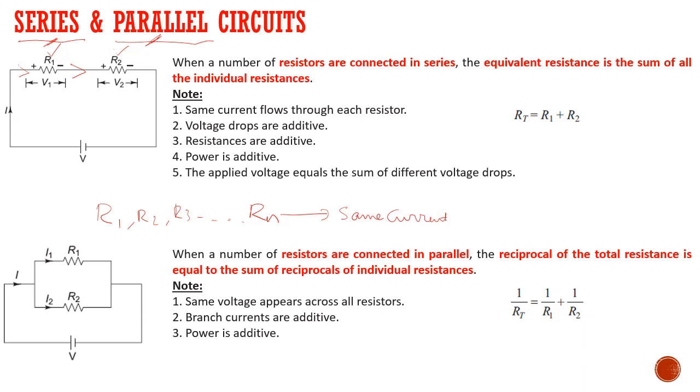For example, we are considering two resistors R1 and R2. These two resistors are connected in series. R1 has two terminals, a positive terminal and a negative terminal. Suppose it has two hands: this is the right hand, this is the left hand. Similarly, R2 also has two terminals, right hand and left hand.